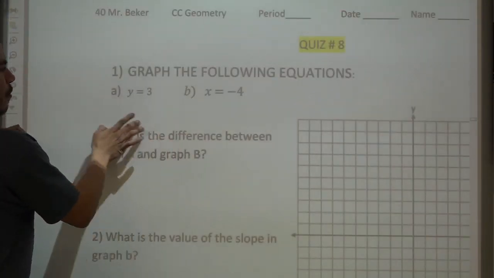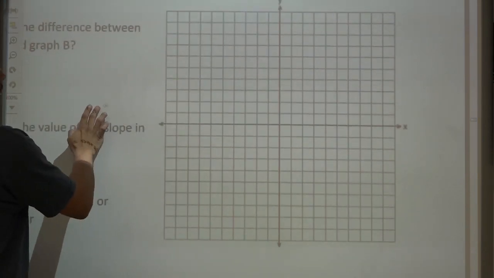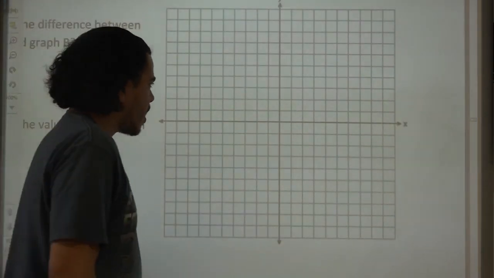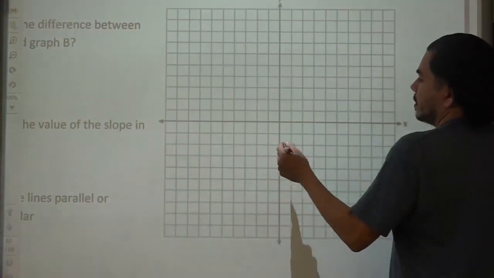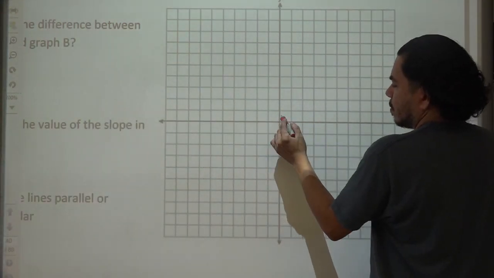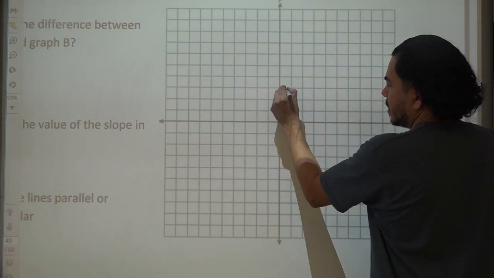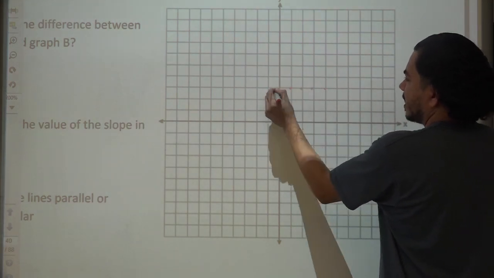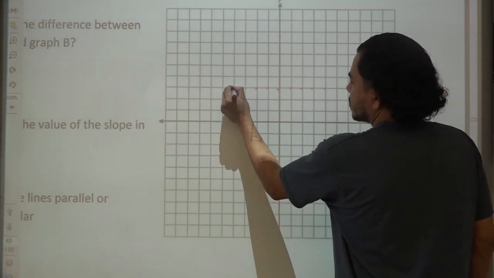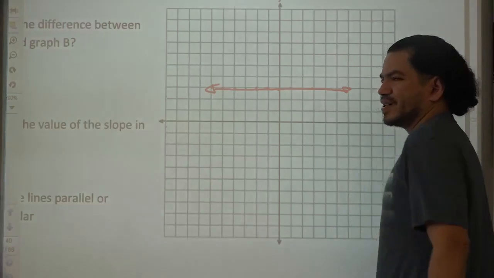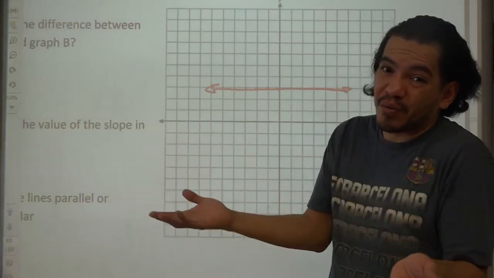so let us graph those lines just for the sake of doing it. So y equals 3 and x equals negative 4. Okay, y equals 3 is going to be, you go to y where y is 3, right? 1, 2, 3, and this is basically your line. Whatever x is, y is always going to be 3. Of course, you do it with a ruler, otherwise I'm going to mark it wrong.